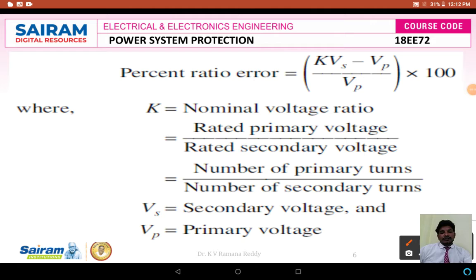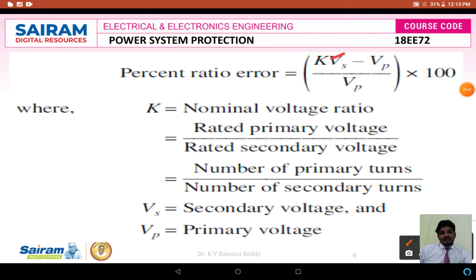We can write the formula as K into Vs minus Vp, divided by Vp, into 100. Here K is called the nominal voltage ratio, simply called the voltage gain. Vs is the secondary side voltage and Vp is the primary voltage.